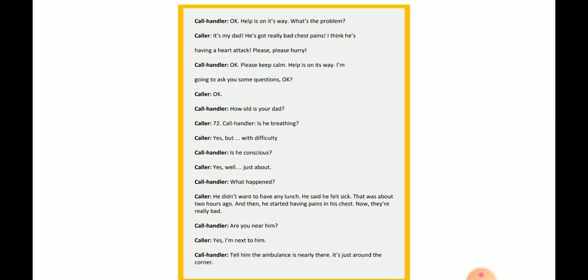That was about 2 hours ago. And then he started having pains in his chest. Now they were really bad. Call handler: Are you near him? Caller: Yes, I am next to him. Call handler: Tell him the ambulance is nearly there. It's just around the corner.